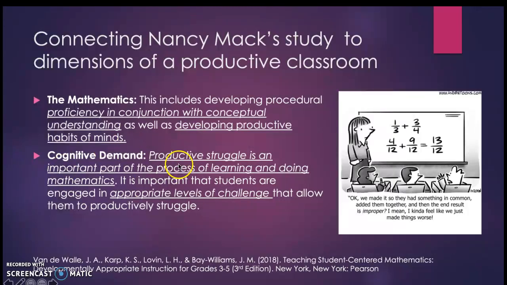The cognitive demand was definitely there. Like I said, she didn't start by teaching just number sentences. She had them really cognitively think in story problems, and they had to have a little bit of productive struggle first. But because of this productive struggle, there was a concrete foundation for what they learned.